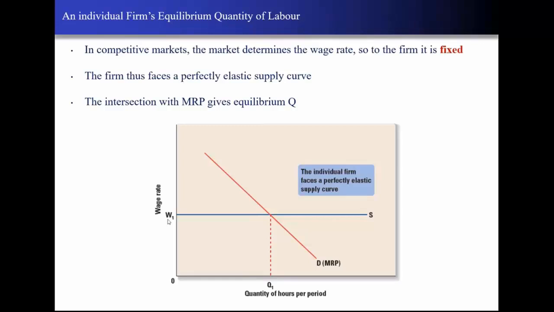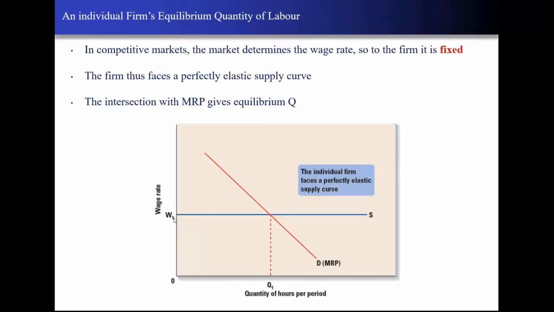This wouldn't be true in a small town if some large firm moved in, like an Amazon distribution center, where they might need a lot of labor and, because they're so large, start bidding up the price of labor. Obviously, they would think about that beforehand. Before moving to a certain city, they would make sure they move somewhere where they're not going to have that much of an impact on the wage, right? But suppose they made a mistake, then that would be an example that illustrates something different than this.